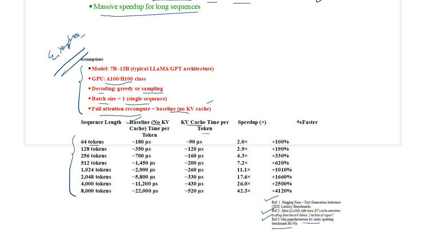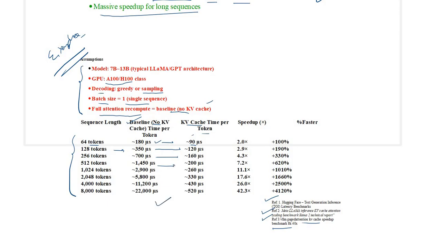So initially we take 64 tokens. Without KV caching, it is actually 180 microseconds. But with KV caching, it comes to 90. So this is basically a drastic improvement. If you see the timings, the latency, there is an improvement in latency.